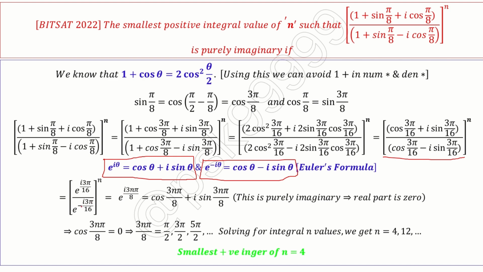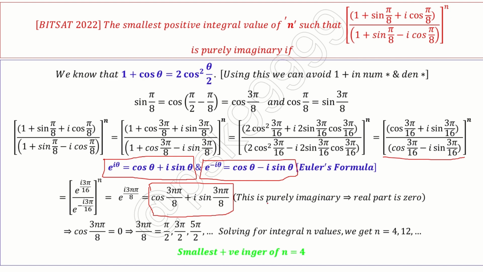Now this is e to the power of minus, so it will go to the numerator as positive, so it will become e to the power of i 3 pi by 8, and whole power n I am bringing in, so it will become e to the power of i 3n pi by 8. So I can write this back in this form: cos of 3n pi by 8 plus i sin 3n pi by 8. This is the final simplified version.